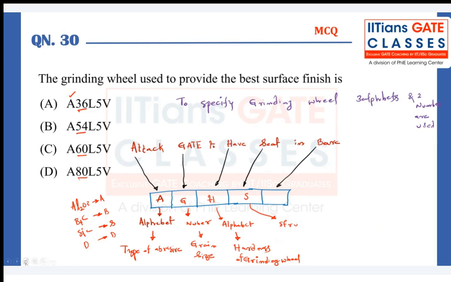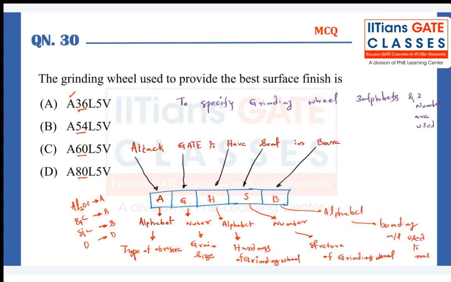It is also a number, indicating the structure of the grinding wheel. Next, B is an alphabet again, and it stands for the bonding material used to make the grinding wheel. Clear, everyone?